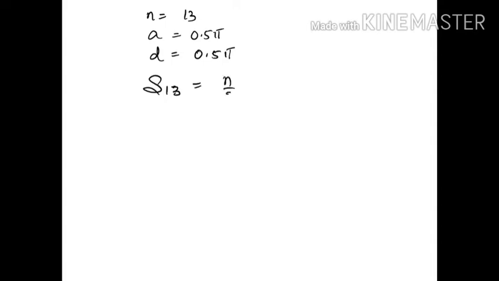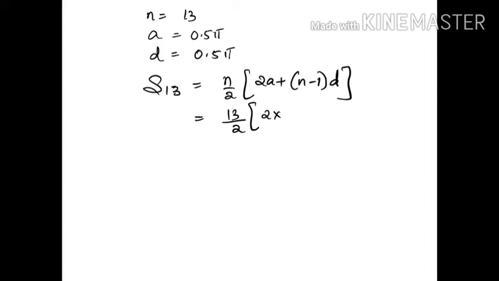Substituting in the formula, we get 13 on 2 in brackets 2 into 0.5 pi plus 12 into 0.5 pi.